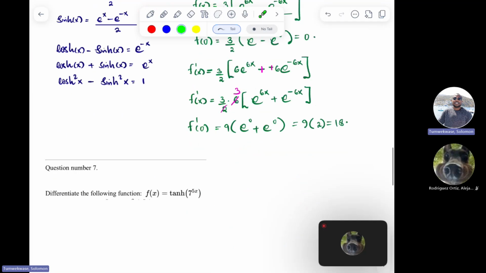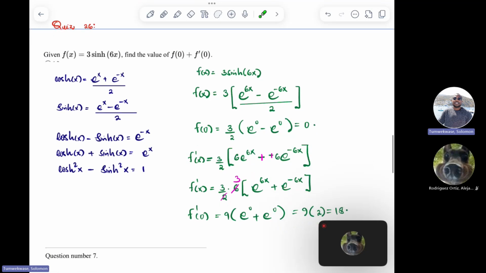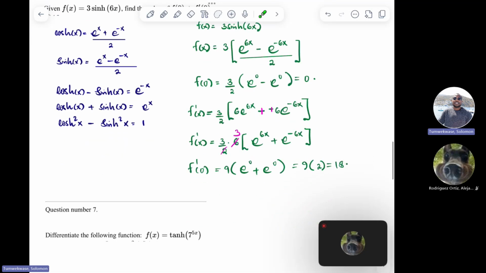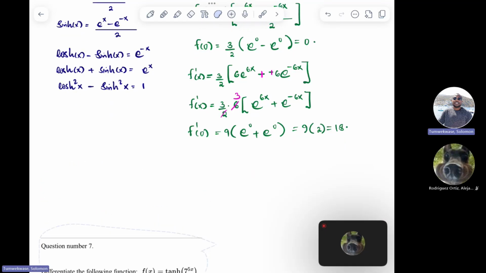Now, this is when I choose to change the function to the exponentials right away. The other thing I can do is, like I said, use the known derivative of sine hyperbolic.